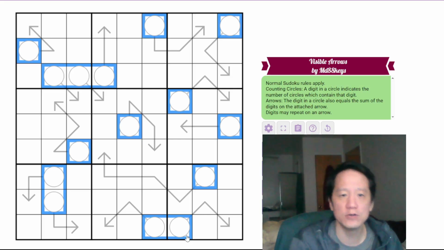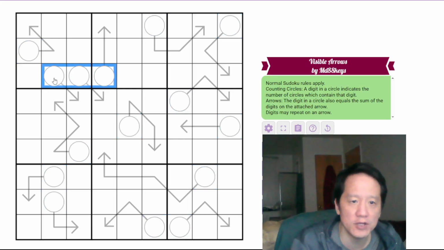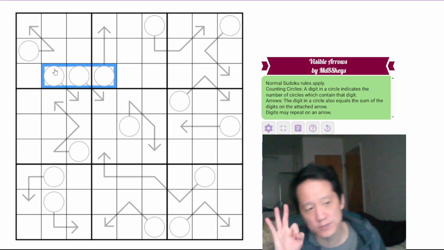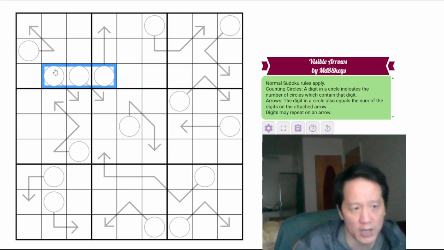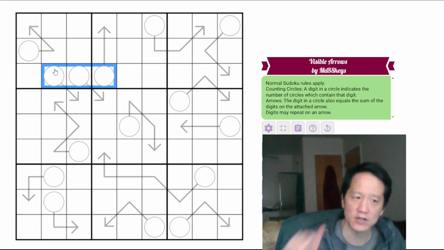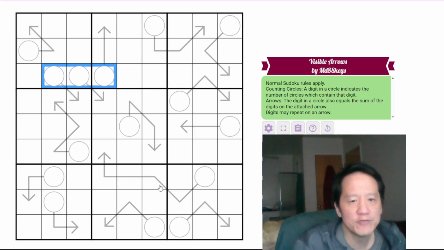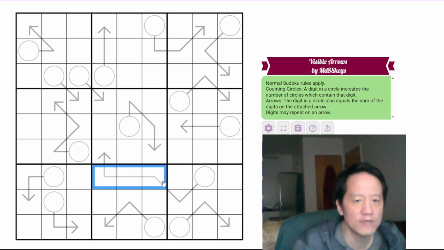And we know there's at least 3 unique ones because there are 3 digits in a row here. So therefore, there must be at least 3 unique digits. It could be up to 4 or 5, technically. But if we take a look at this, we have this circle must add up to the sum of these 3 digits, which must be unique.